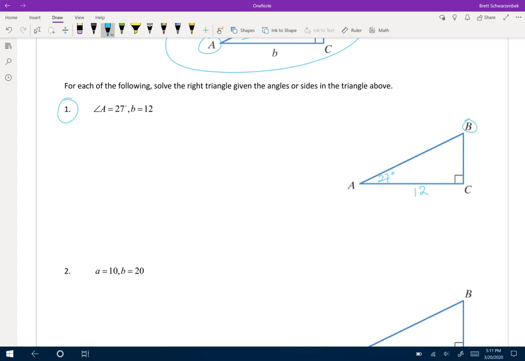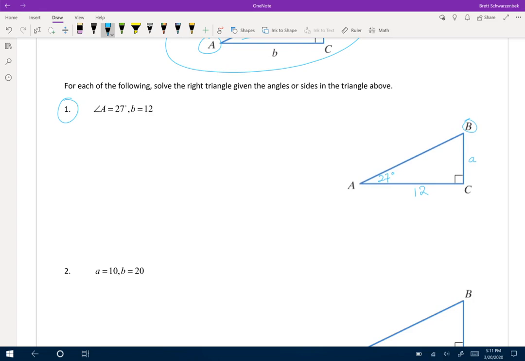So what we want to do is label the other side. For example, let's say we have little a. That's opposite angle A. So how do we find that missing side? Well, we want to look at this angle 27 and we want to look at what pieces are actually provided. Here we have the side opposite and we have the side adjacent.